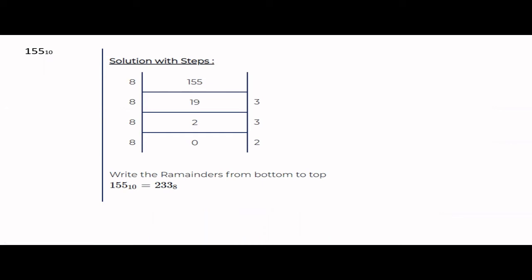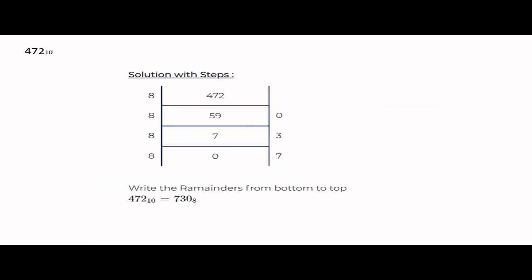So 3 is left. 3 is the remainder. So 19 again, you divide by 8. So 8 into 2 is 16. So that's why 2 is here and you have 3 left. 2 you cannot divide by 8. So no quotient and remainder is 2. So the answer you have to take always bottom to top, 2, 3, 3. That's the answer.